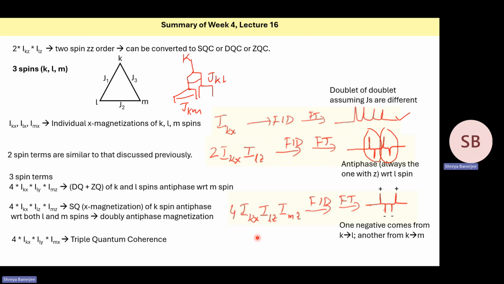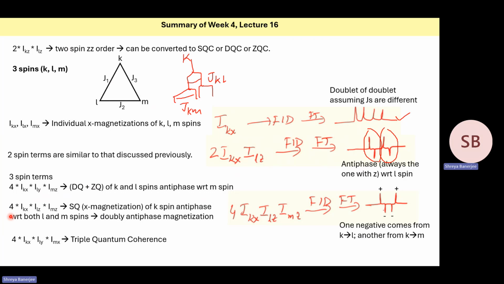Let us look at the first case, 4IKX, ILY, IMZ. So K is in X, L is in Y, and M is in Z. This term gives rise to the summation of double quantum and zero quantum transitions of the K and L spins, antiphase with respect to the M spin. This term will form while the magnetization is transferring. It can form, but you will not detect it because it is not single quantum coherence.